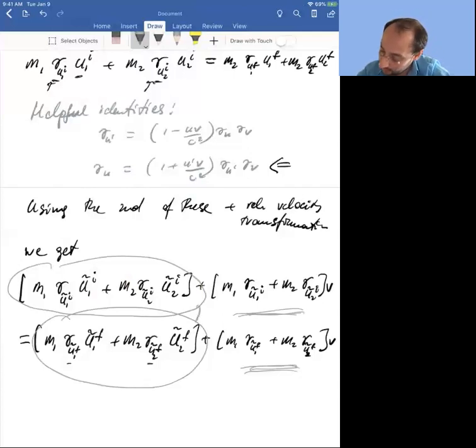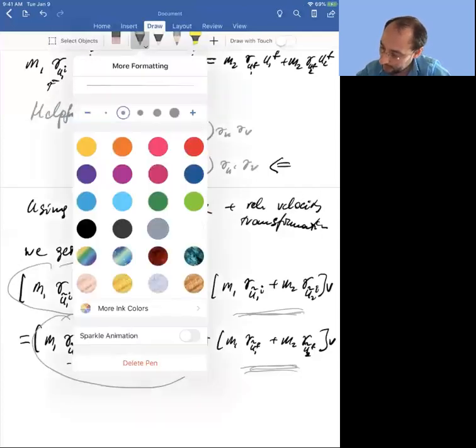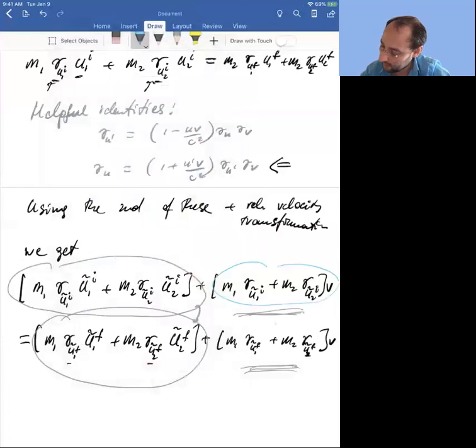So this equals this only if this equals this. And what is that quantity? It's just energy divided by c, as we defined it.